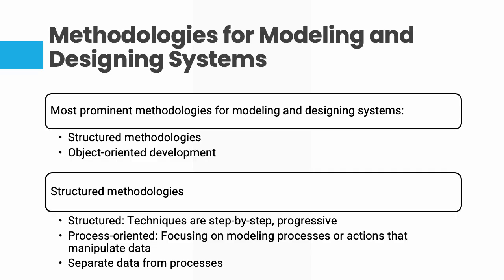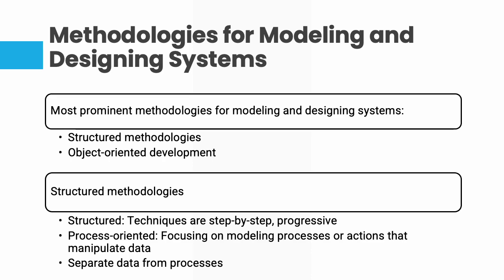Okay, it means that it focuses mainly on the actions or the process. And the key idea is that it separates the data from the process. The data, like the customer information or product details, is stored separately.